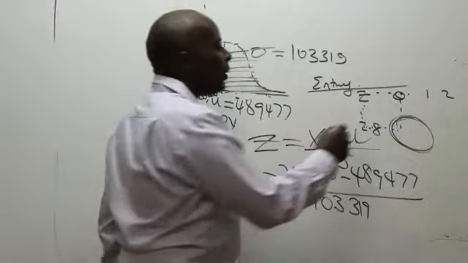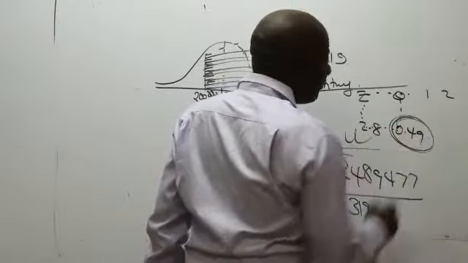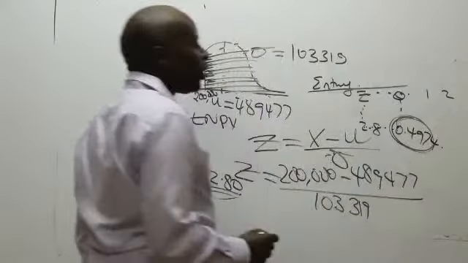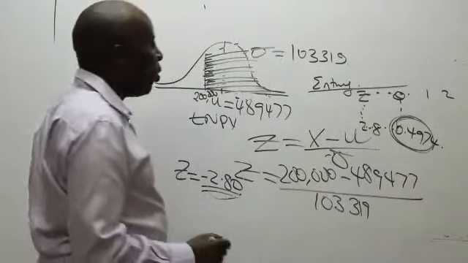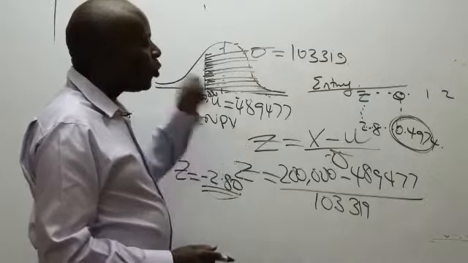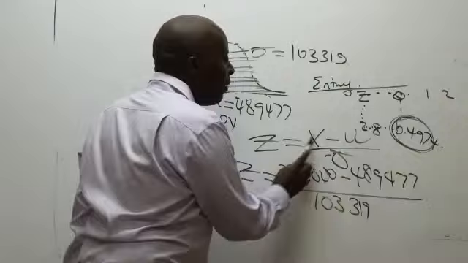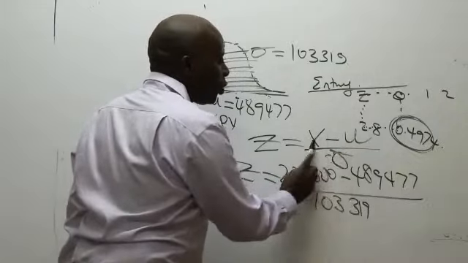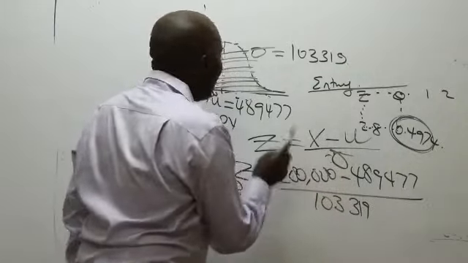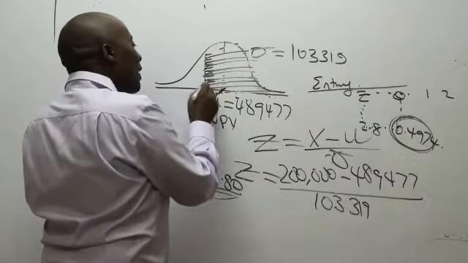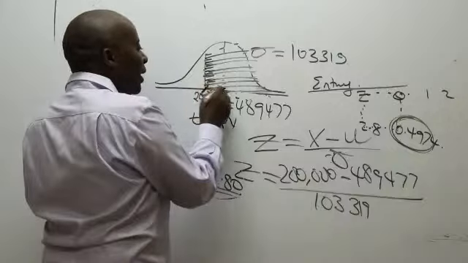So this entry, the teacher has told me, is 0.4974. And remember what you are told in your CPA section 4. You are told whatever entry you read is the area between the two numbers that you have subtracted. The entry that you have read from that table is the area between the two numbers that you have subtracted.